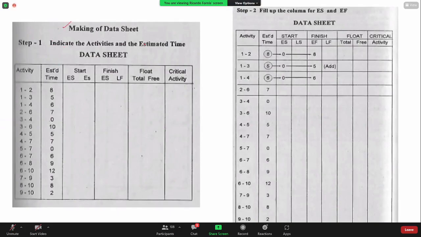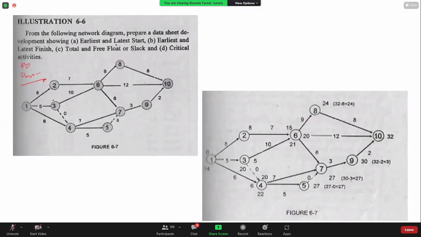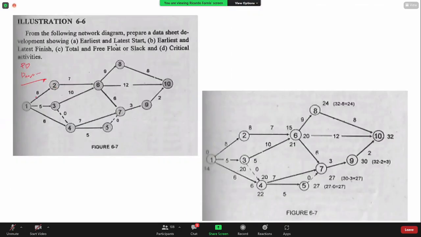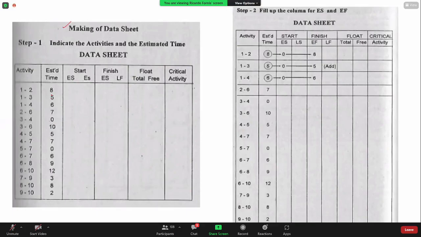First, indicate the activities and estimated time. So we have here activity 1, 2. These are all based on the precedence diagram. 1, 2 has a duration of 8. Then 1, 3 and 1, 4. Just list them all. Then next is to fill up the columns for early start and early finish. So next is the forward pass.